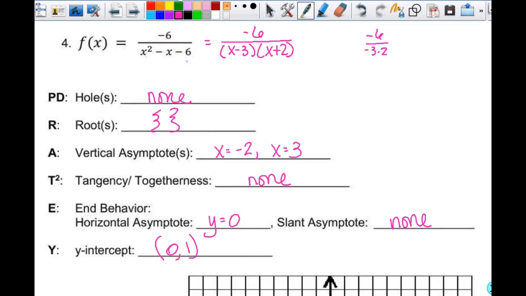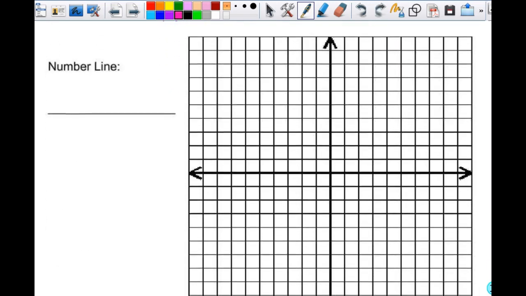Just make sure you do it after you've reduced if anything knocks out. So if I had crossed something out here, I don't want to go back to this form because I crossed something out of it. All right, so then number line, let me rewrite this. F of x equals negative 6 over x minus 3 times x plus 2. Okay.